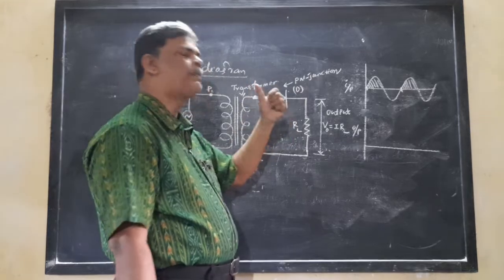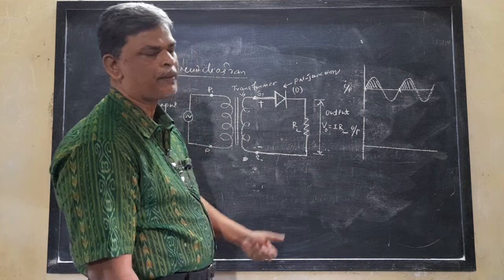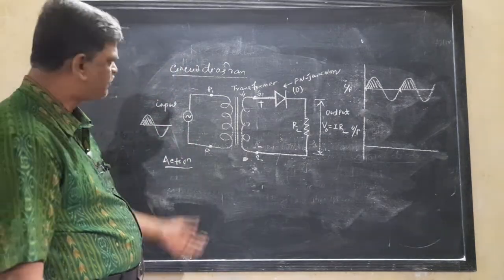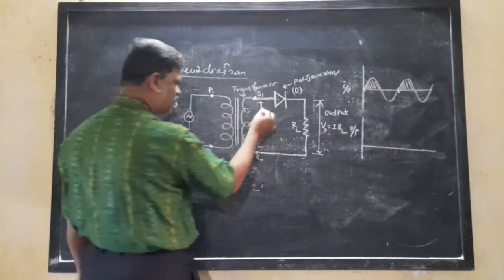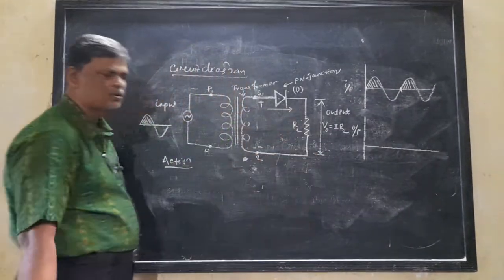If it is forward biased, then it conducts the current through the junction. We studied this in biasing of PN junction. When the PN junction is forward biased, the current flows through the junction.